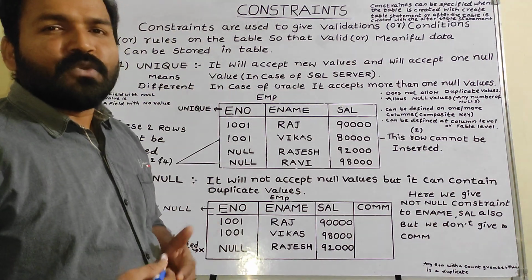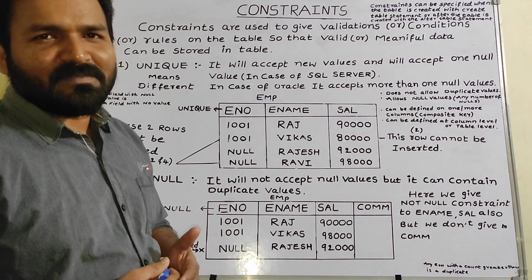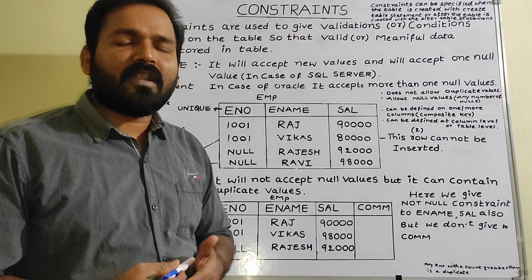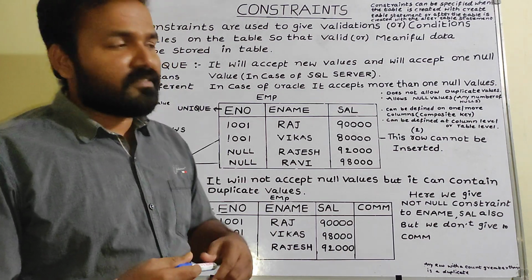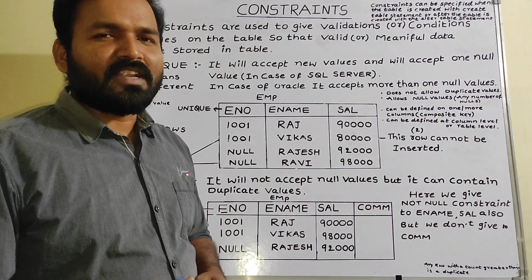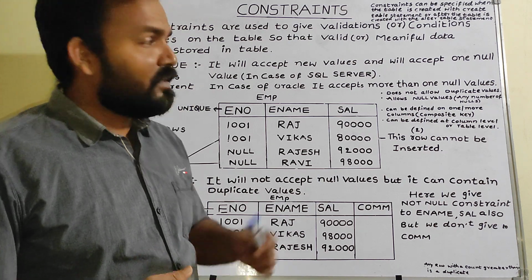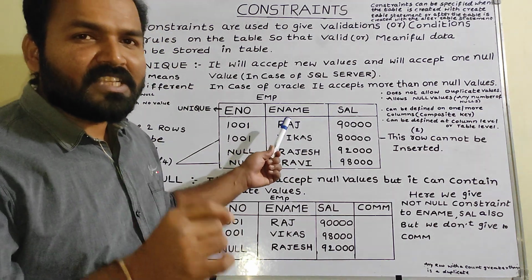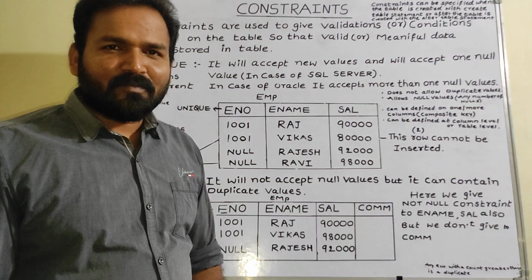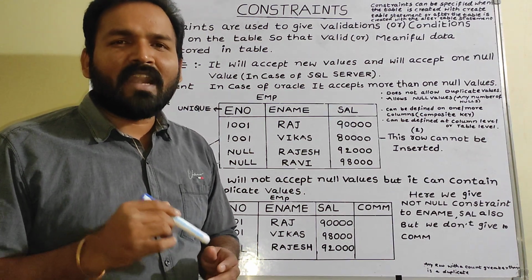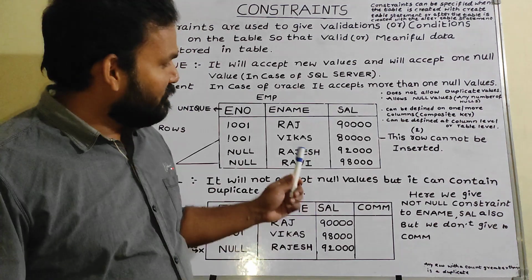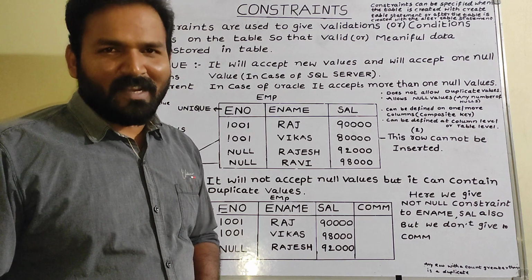Constraints are used to give validations or conditions or rules on the table so that valid or meaningful data can be stored in the table.